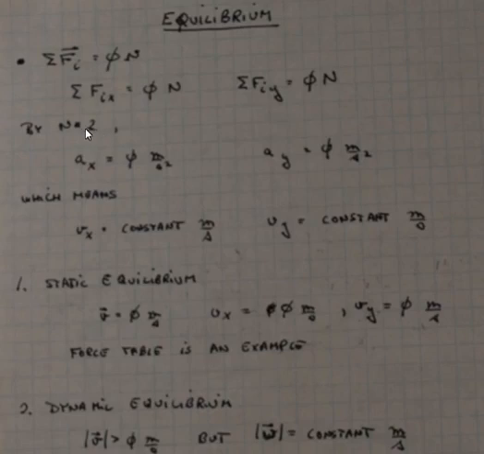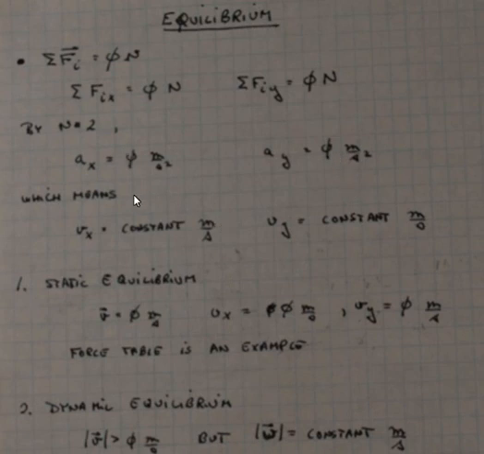And by Newton number 2, which says that the x component of the acceleration is the net force in the x direction divided by mass, this fact, the net force in the x direction being 0, means that the acceleration of the object under study is 0 meters per second squared, and similarly the y acceleration of the object is 0 meters per second squared.